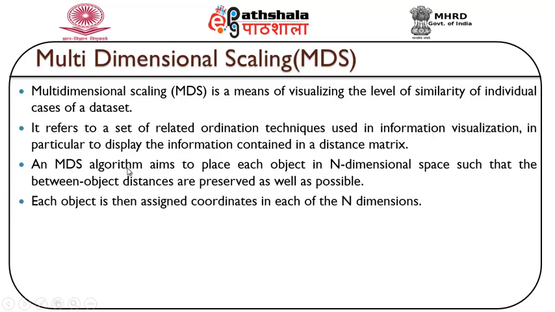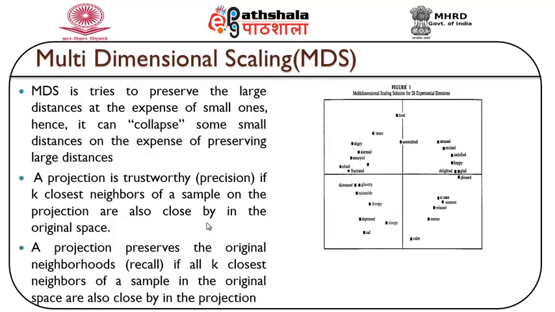An MDS algorithm aims to place each object in the n-dimensional space such that the between-object distances are preserved as well as possible. Each object is assigned coordinates in each of the n dimensions.